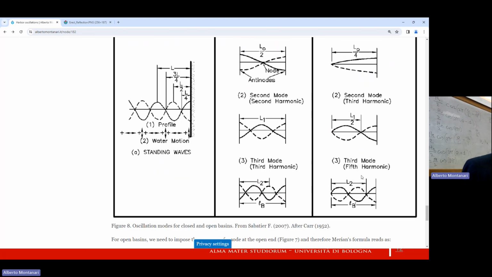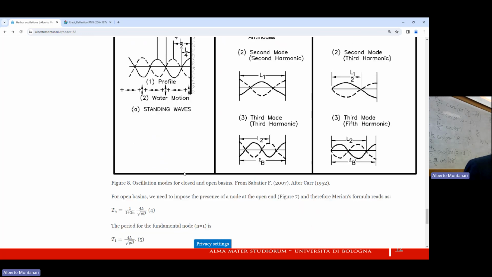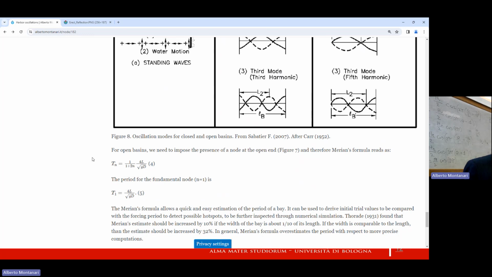Again, this is our case of the Harbour. How can we modify Merian's formula? Like here, we need to impose the presence of a node at the open end. And this is what we need to do. And the period for the fundamental mode, with only one node at the end, is this one.